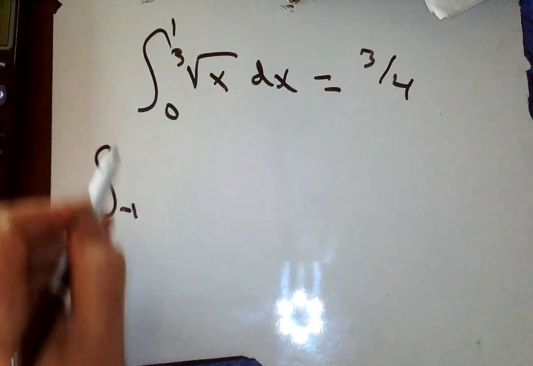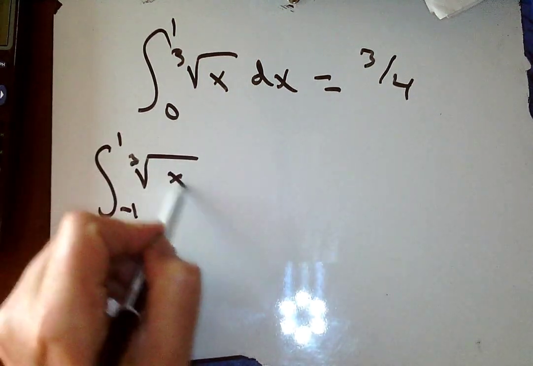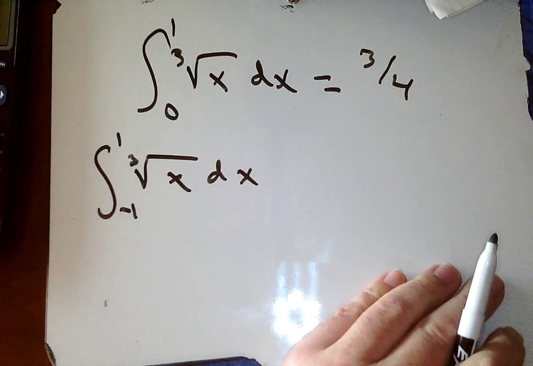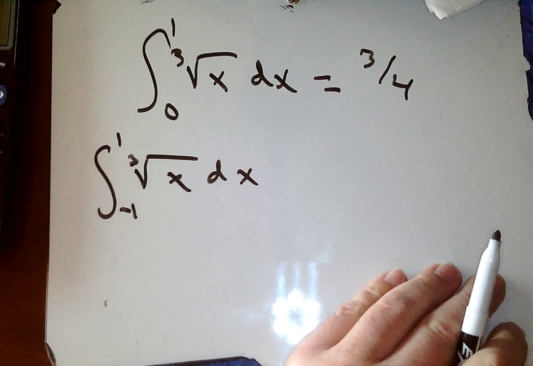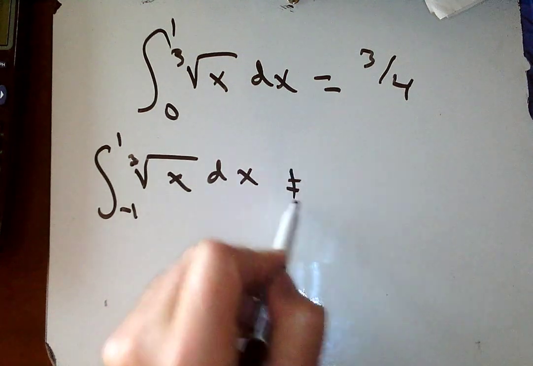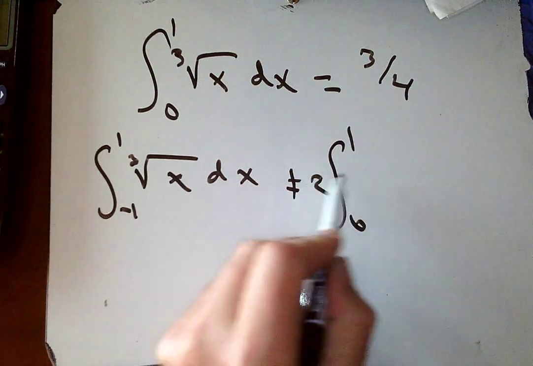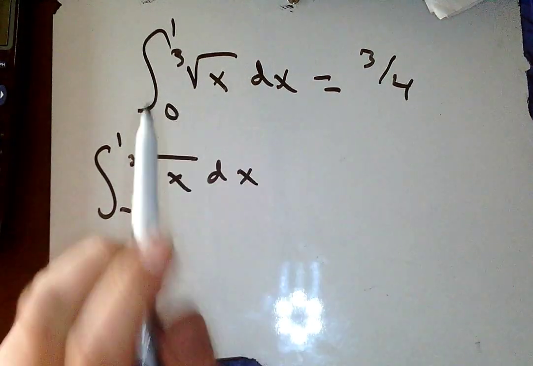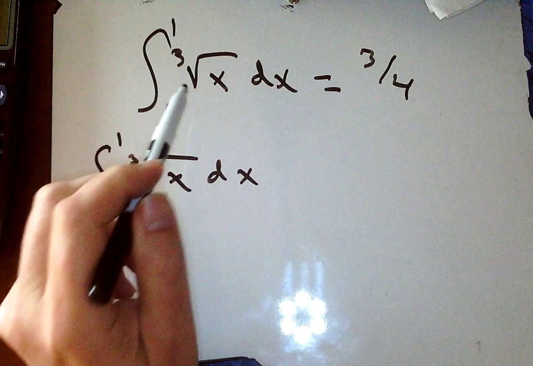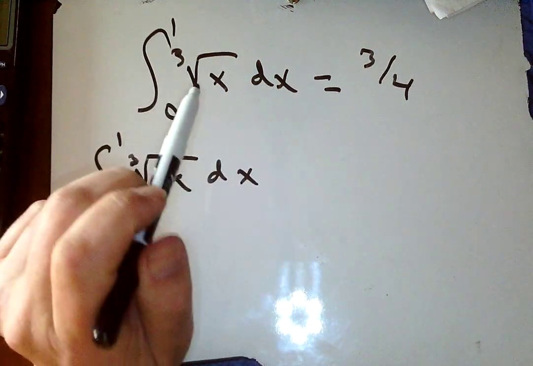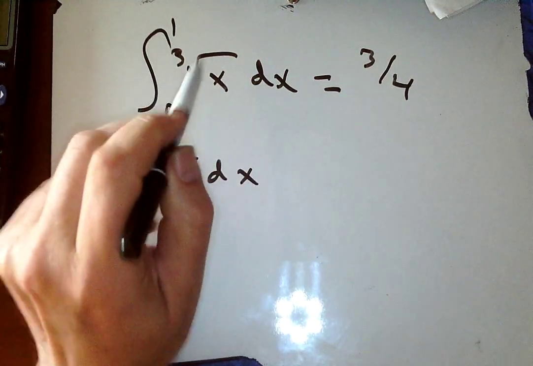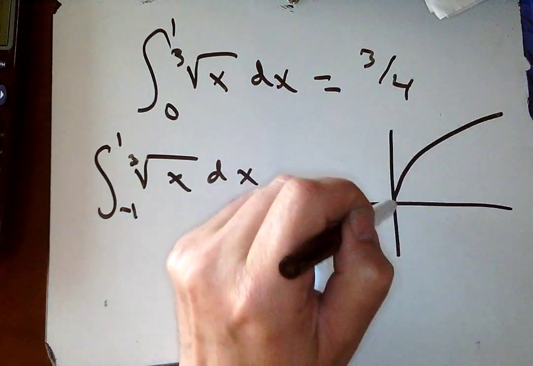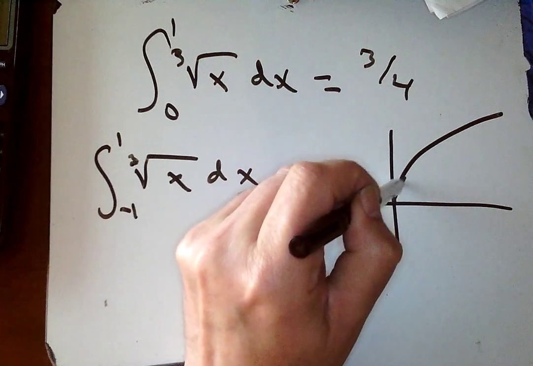So what about the integral from -1 to 1 of cube root of x dx? How could we determine that? No, I wouldn't do something like this where I said 0 to 1 times 2. Not here, no. But I would actually think about this graphically. One of the reasons I had you learn the reference graph for cube root of x is so that when we get to a moment like this, remember we have an undefined slope here at 0.